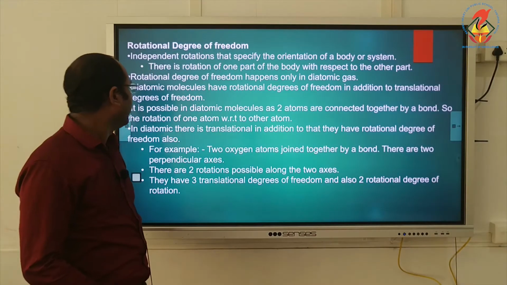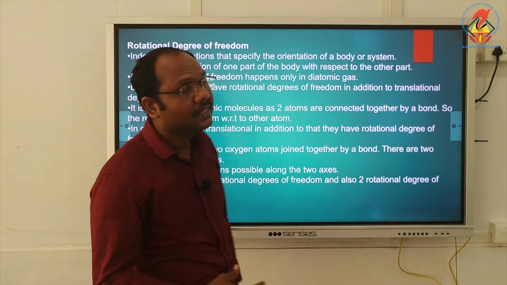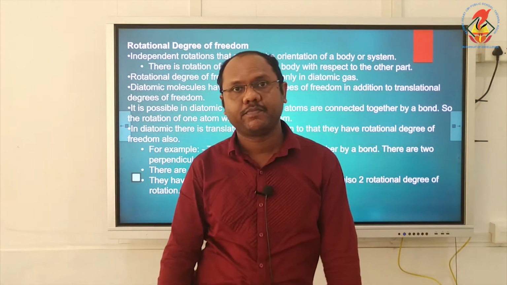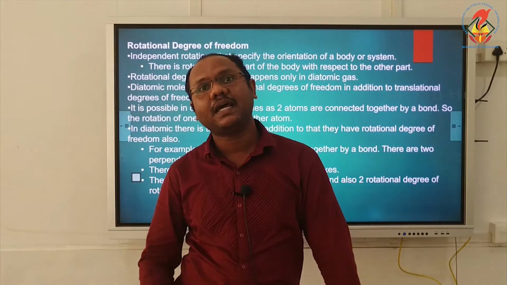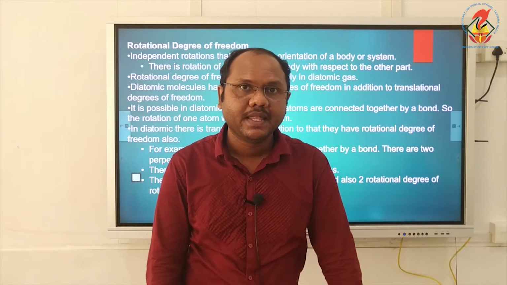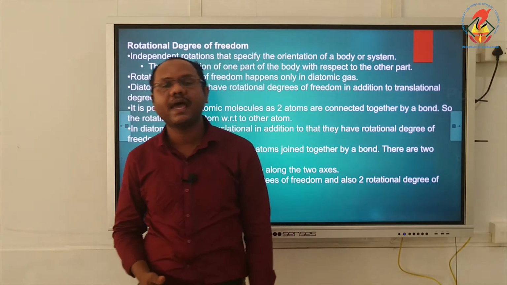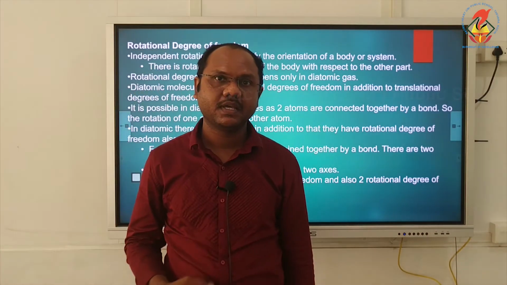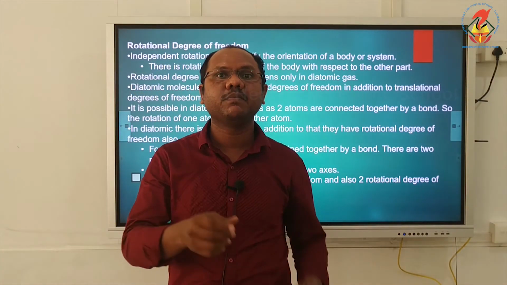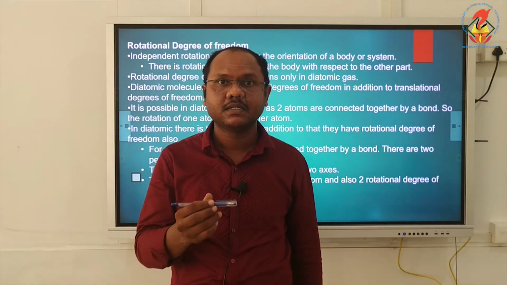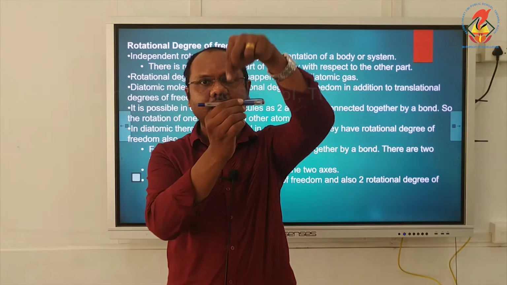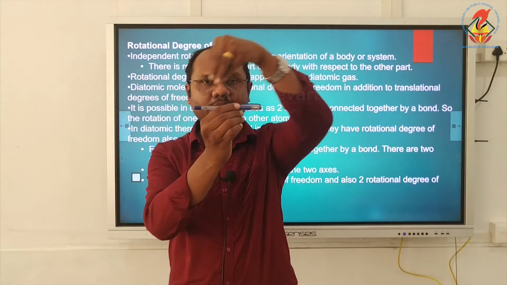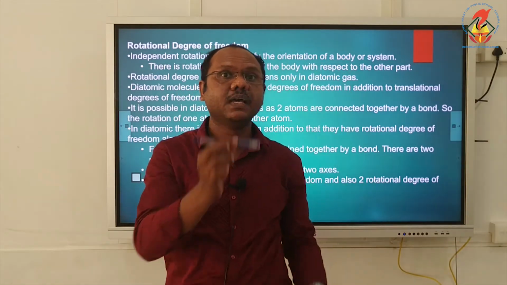Now if I take a triatomic molecule, there are 2 types of triatomic molecule, linear triatomic and non-linear triatomic. Linear triatomic means carbon dioxide, CO2, where C is at the center and the O atoms are on either side. So it is a straight line molecule, a linear molecule.